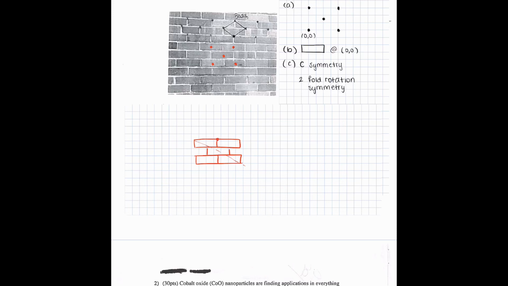Well, if I took this point and brought it over here, that wouldn't be the same. If I took this slice and reflected it, it would look something like this, which is definitely not the same thing. So make sure you're not thinking that there are mirror planes when there actually aren't any. So we have two mirror planes.